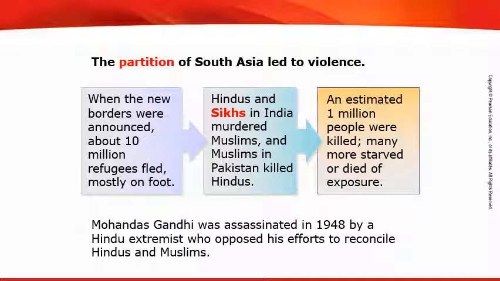But some extremist Hindus believed that Muslims had taken over a huge part of land, which was part of Mother India. So they were against Gandhi's policy of reconciliation. Based on this issue, the extremist Hindus managed to kill him. So this was the start of the new India.